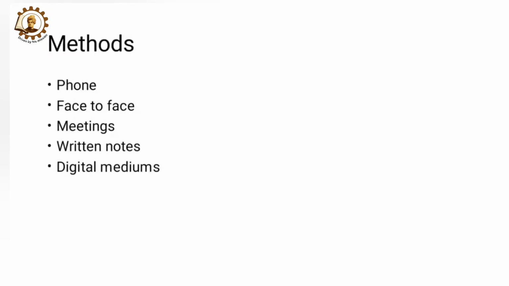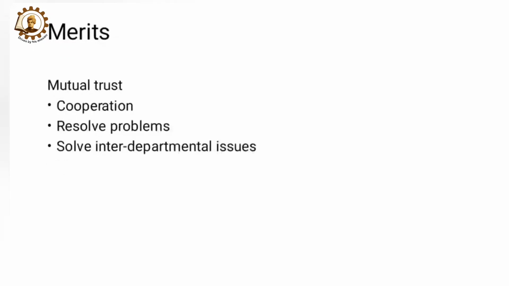We can exchange written notes, which is actually these days done more on a digital platform, which comes last, because we can use email, we can have video conferencing. So these are different kinds of methods which are used in the lateral movement.